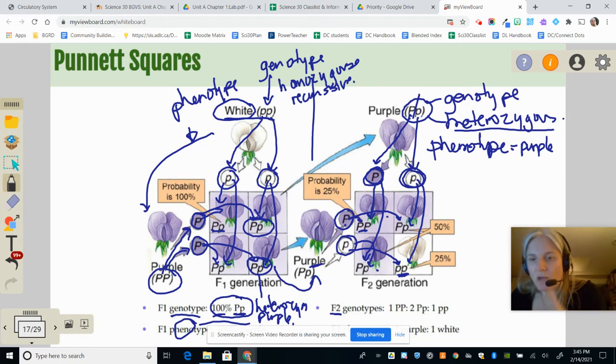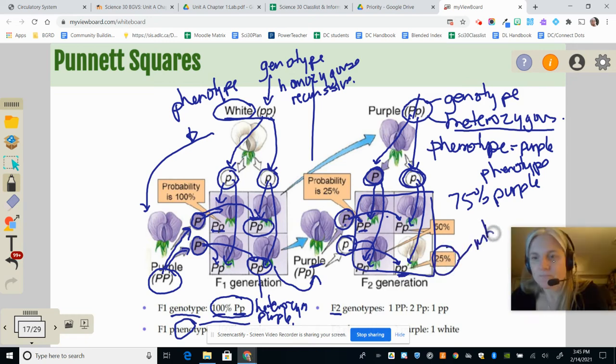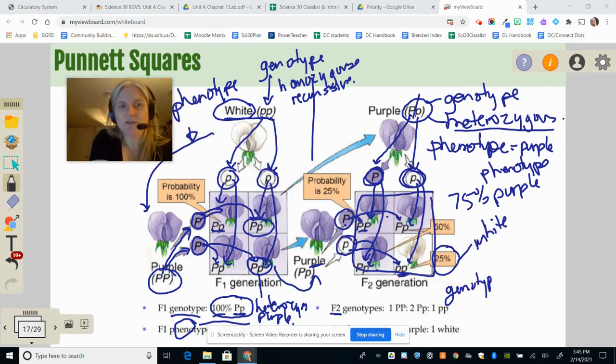So if we look at the population of all the possible offspring, 75% of them will be purple when we're talking phenotype. 25% will be white when we're talking phenotype. Let's talk genotype though. Genotype is slightly different, right?